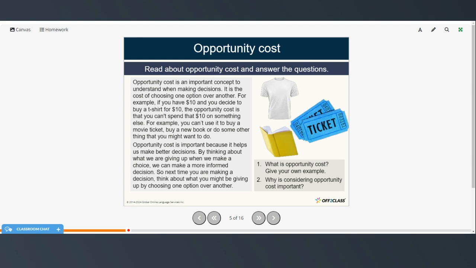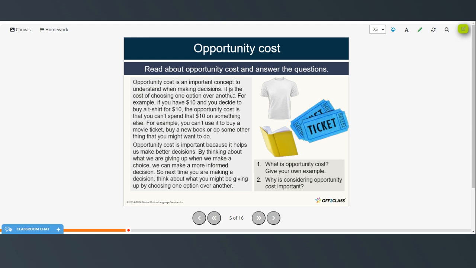Opportunity cost is important because it helps us make better decisions. By thinking about what we are giving up when we make a choice, we can make a more informed decision. So next time you are making a decision, think about what you might be giving up by choosing one option over another. So what is opportunity cost?